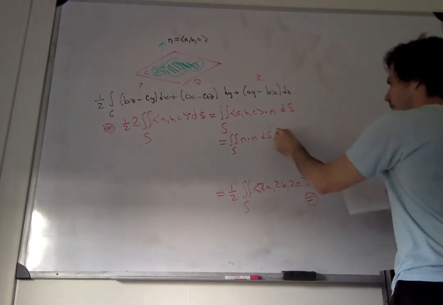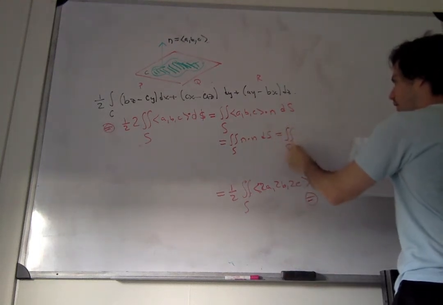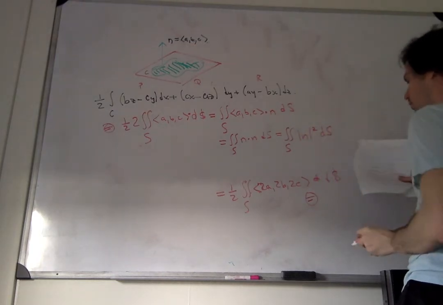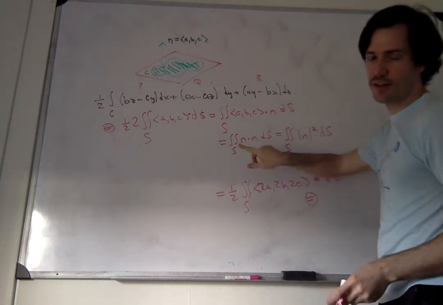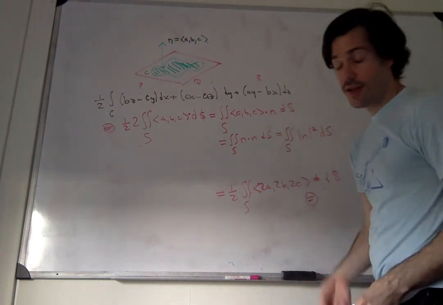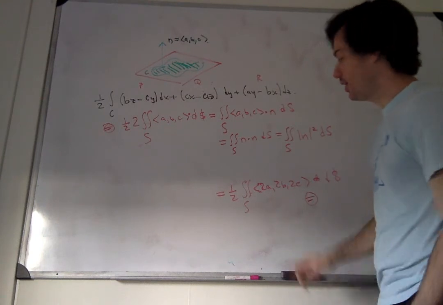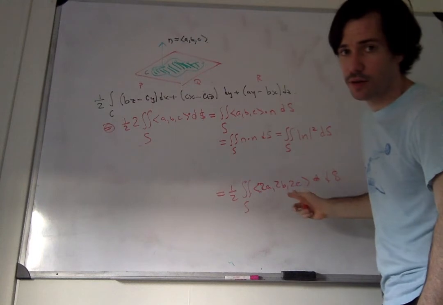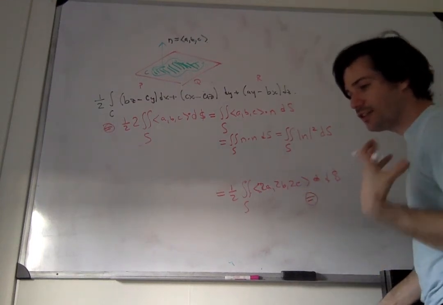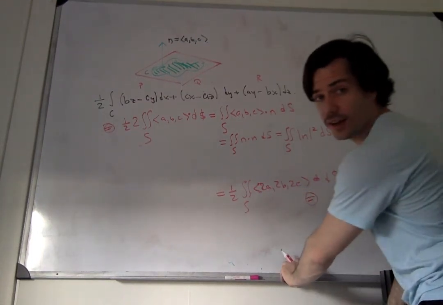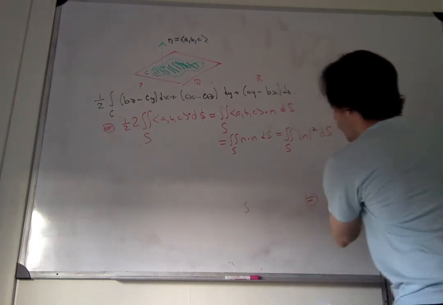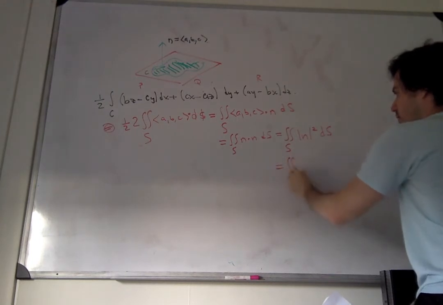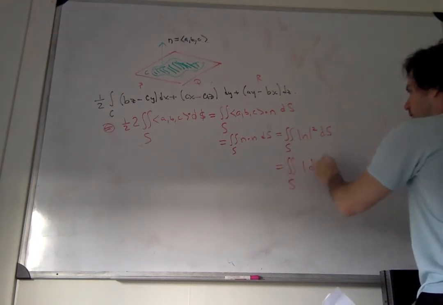Another way of saying that is, if you take a vector and dot it with itself, it's the same thing as the norm of the vector squared. But we also said that it's a unit normal vector, emphasis on unit. And what does unit mean? It means that the norm is equal to 1, so this is going to be equal to 1 dS.